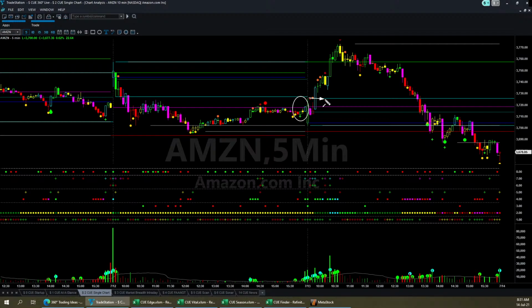Initially Amazon created the early range high and early range low. If it broke below the early range low, we could try to take a shot using the early range breakout technique. But it didn't break below the early range low immediately. Instead, it went up.